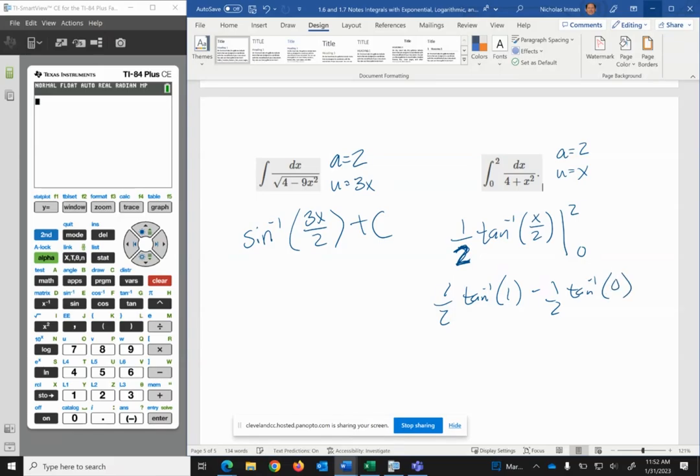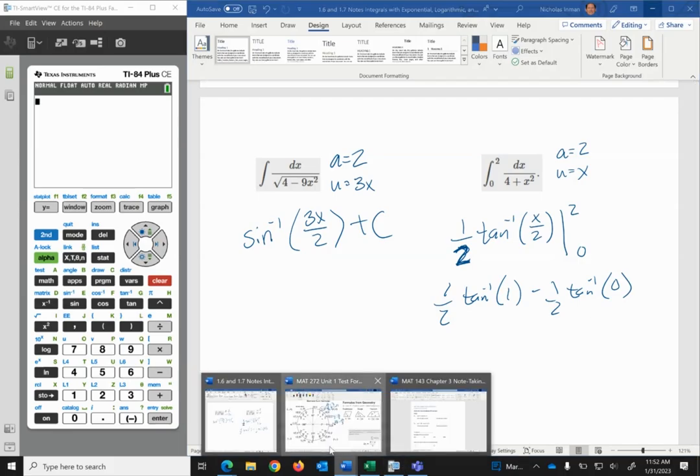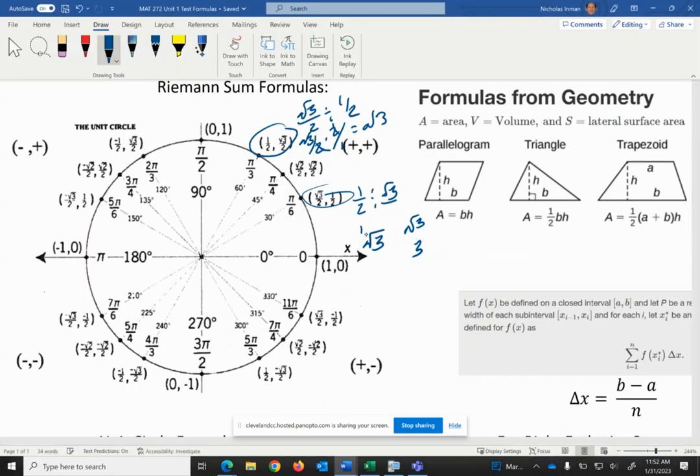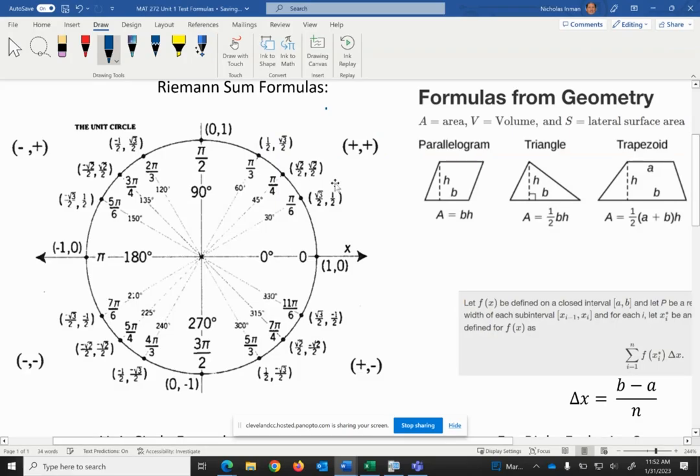Tangent inverse of 1. When will tangent be 1? Well, tangent's 1 at the 45-degree angles, the pi over 4's. Tangent is y divided by x, so something divided by itself is what gives you 1. All right, so pi over 4.